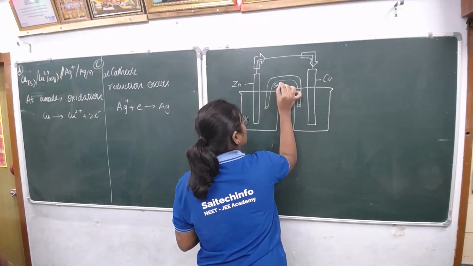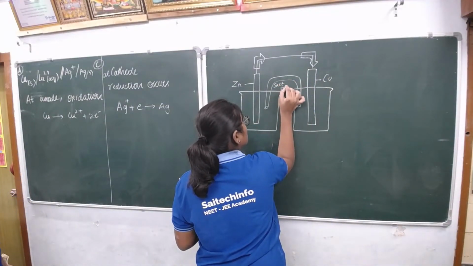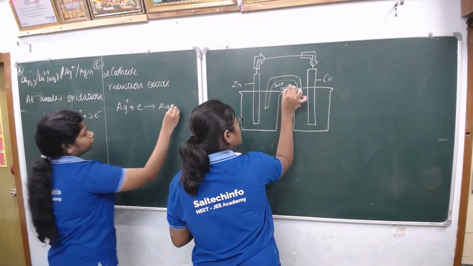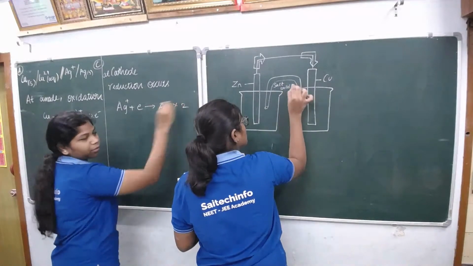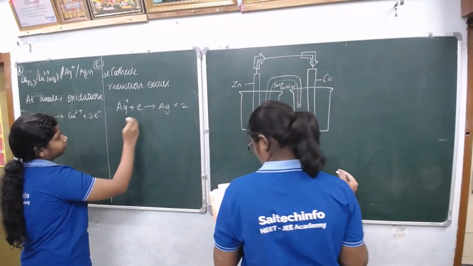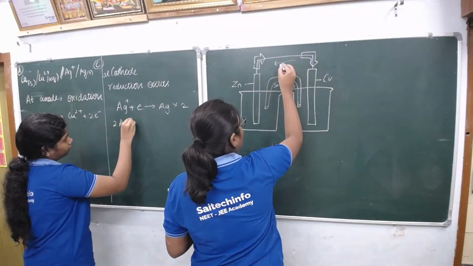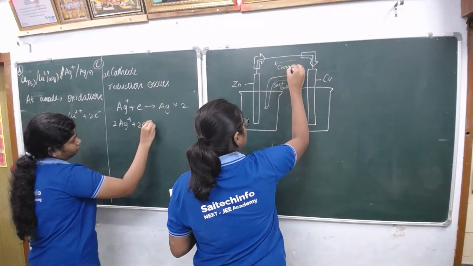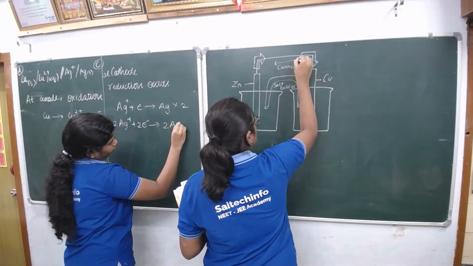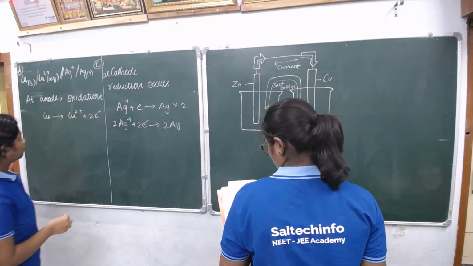Now, how many electrons should be added here? 2 electrons, so multiply by 2. Write down once again: 2Ag+ + 2e gives 2Ag. Now you can combine these two equations.